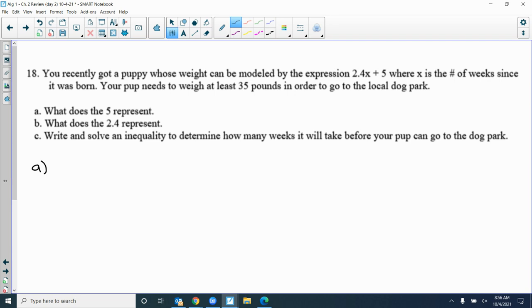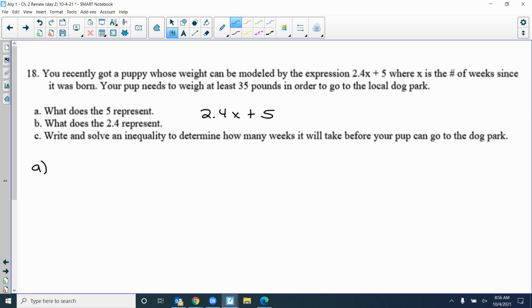His weight can be modeled by the expression 2.4x plus 5. All right, does anybody think they know what the 5 represents? We got Abe. How much the pup weighed? Yeah, and you can also word it this way: it's how much it weighed at birth. How about that?